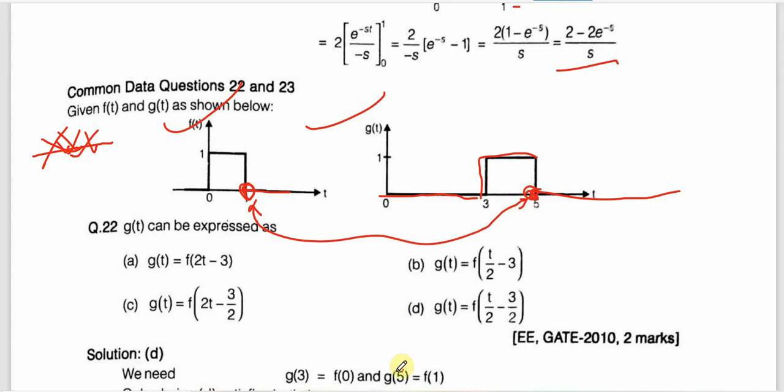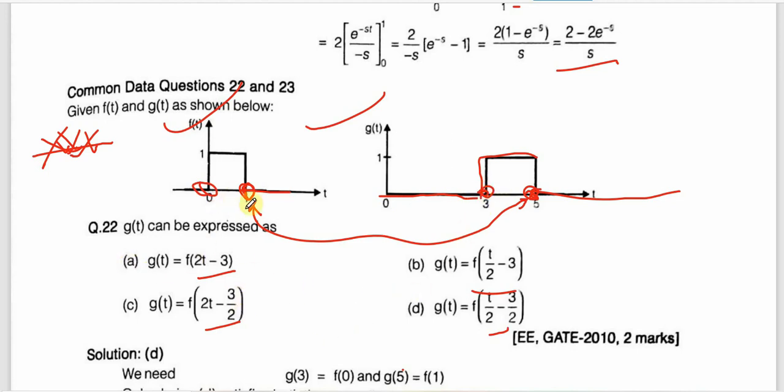So g of 5 will be f of 1. Likewise, you have to put some values in the options, so we have to check by options. Similarly, g of 3 is equal to f of 0. This value is the same.